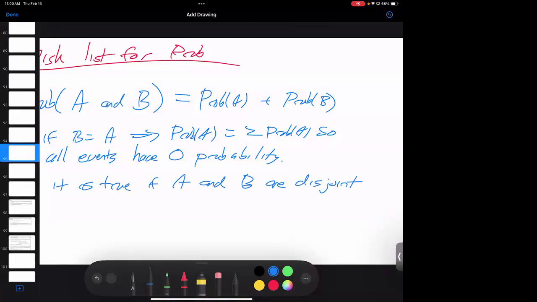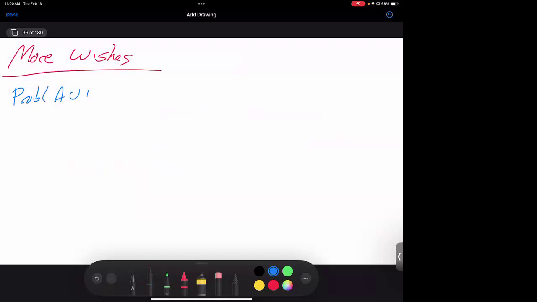And then if we continue with our wishes, what should the probability of A union B union C union ... equal if pairwise disjoint? Pairwise disjoint means that no two sets have any element in common.